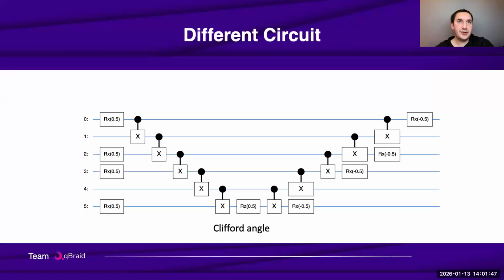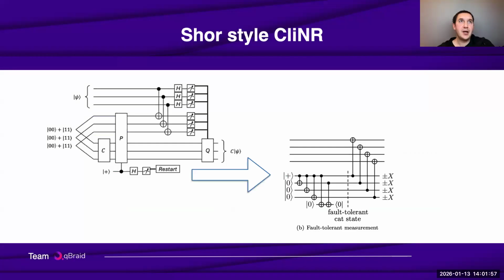So we moved on to a different, larger circuit, which is shown to be better for this Clifford noise reduction. And we also implemented better stabilizer measurements. I didn't mention this earlier, but how Clifford noise reduction works is you've got your state on the top left there. You prepare these Bell pairs and then apply the Clifford circuit you care about. In this case, it's the CNOT ladders.